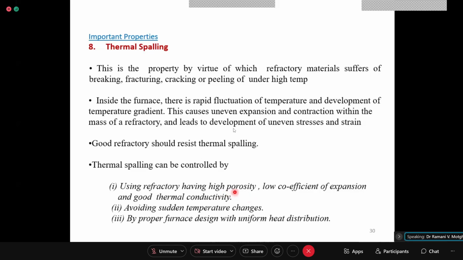This will lead to more cracking and peeling out, flaking out of the refractory material. So it is not desirable where you have liquid molten metals or slags. This refractory should not have high porosity. It should have low porosity.